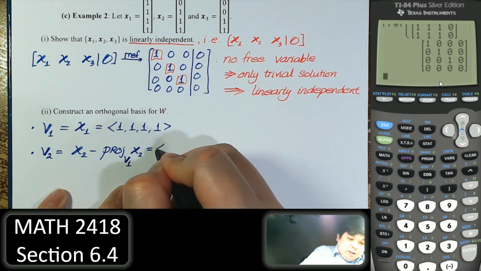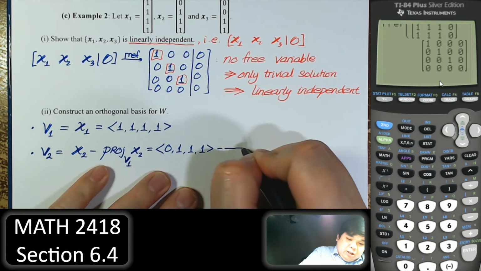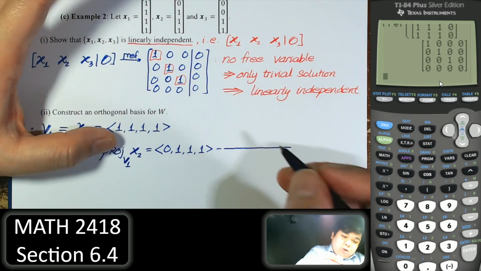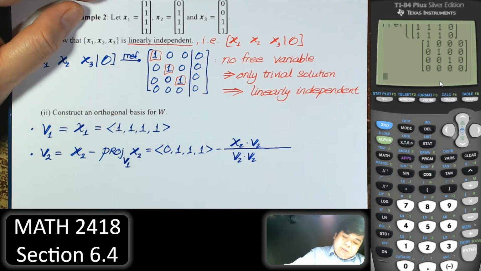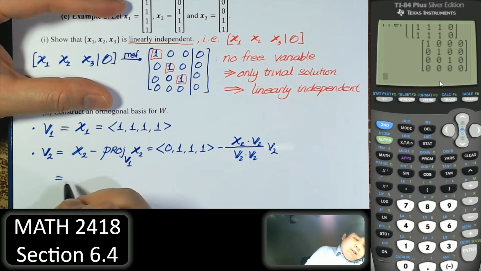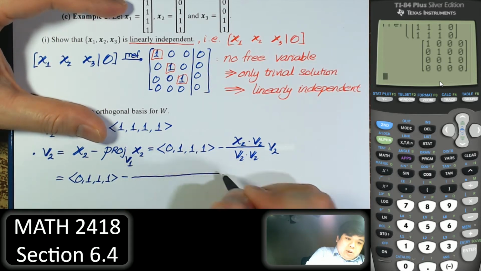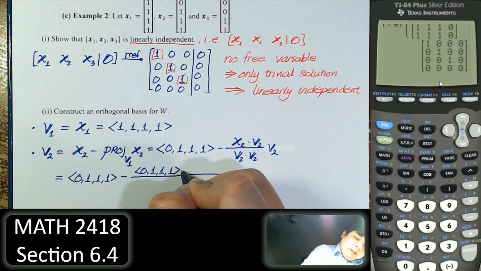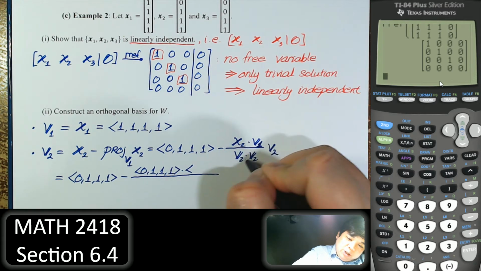So x2 is 0, 1, 1, 1, subtract x2 dot v1, sorry, v1. We don't have v2 yet.